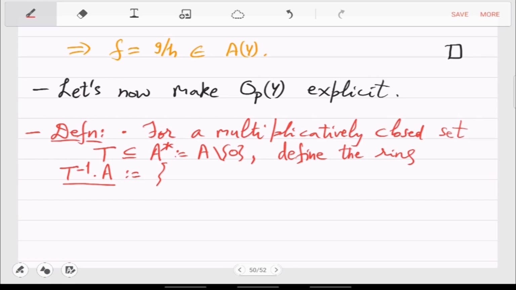To make it a ring, we basically introduce something like A by T, or you can think of it simply as a pair where a is in A and t is in T.